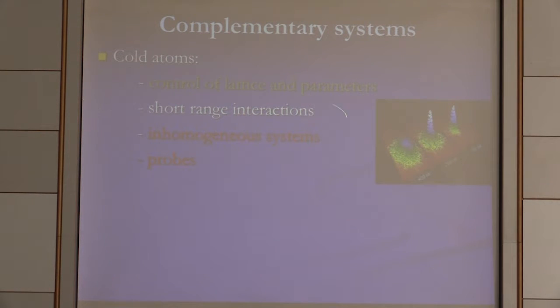You have perfect short-range interactions, but they suffer from inhomogeneities because they are trapped. There is a parabolic potential keeping the atoms in place. And they have a certain number of probes to develop. This is a young field, so they are doing it very efficiently and very well. But there is still the difficulty of probing certain correlations.